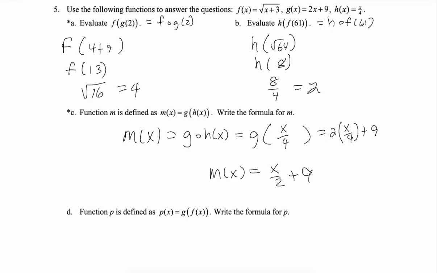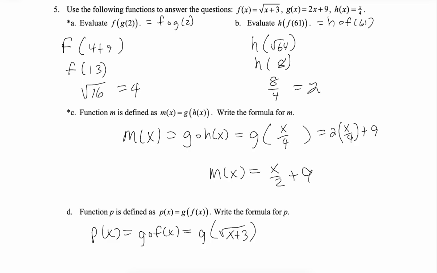Now, in part D, they're saying find P of x such that P of x is G of f. So this time, we are inputting the f function. The f function is the square root of x plus 3. What is it going to input into? It's going to input into the g function. Work your way from right to left, which is very unusual. We don't do that usually.